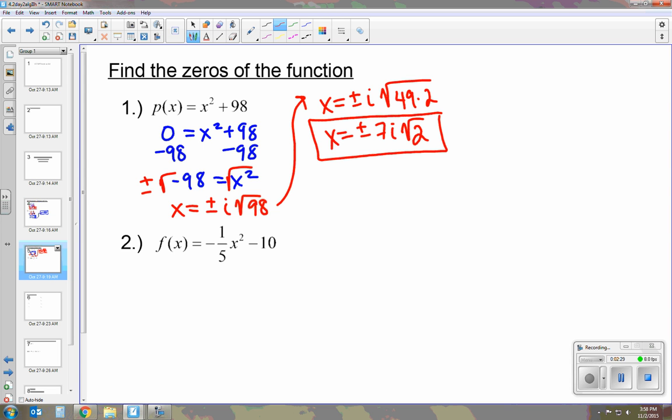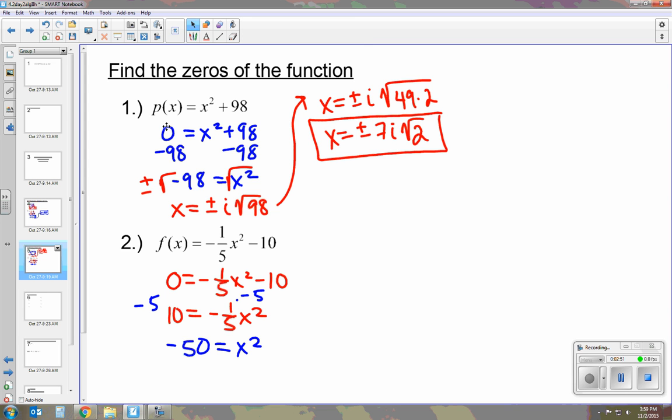Okay, same for down here. I've added a fraction. So if 0 equals -1/5 x squared minus 10, I'm going to add the 10. And I'm going to multiply by -5. So we have -50 equals x squared, square root both sides.